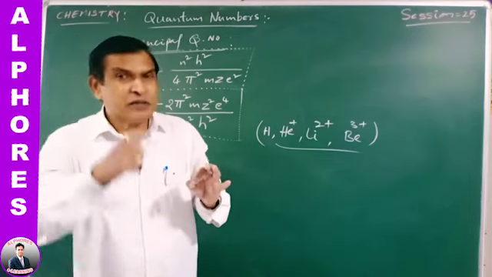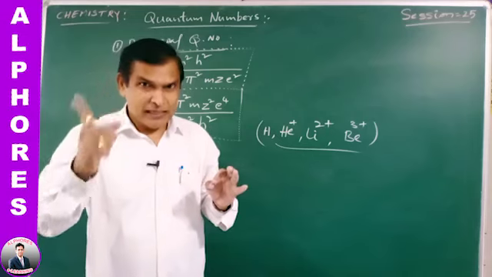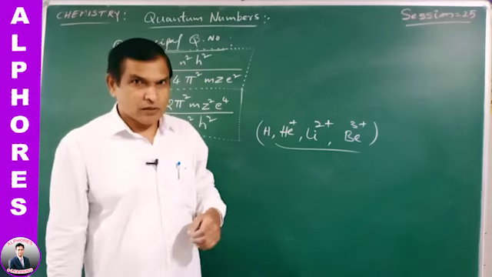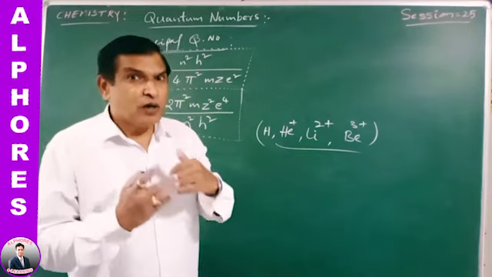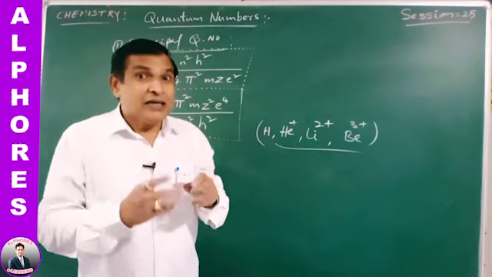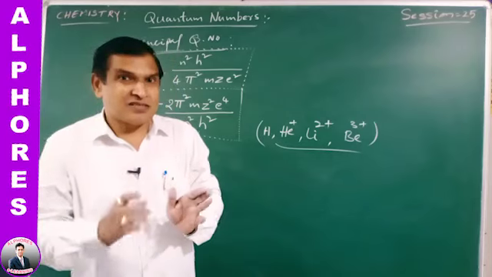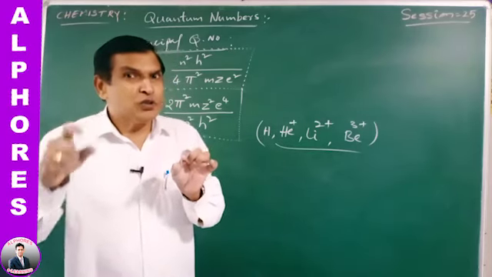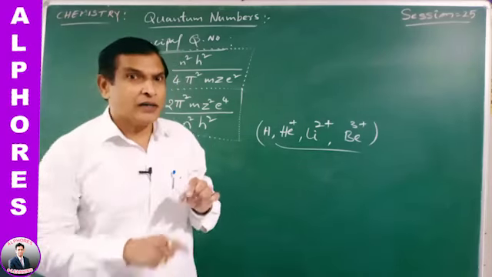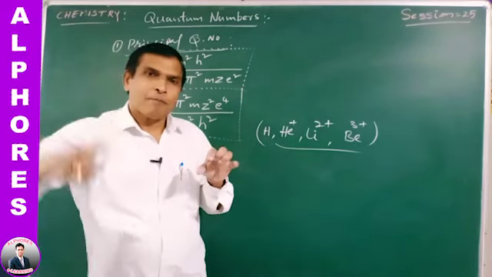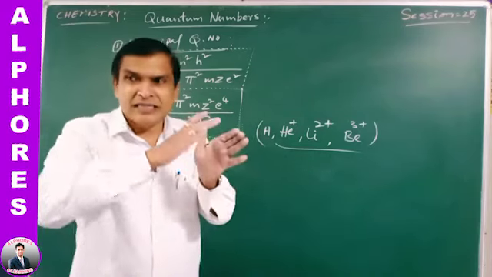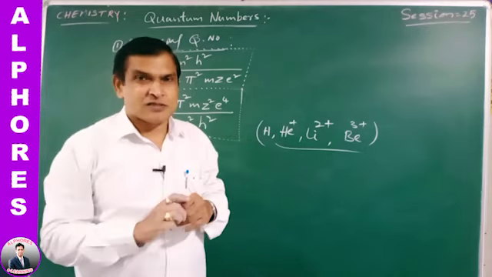It is denoted by the small letter n. The orbits are designated as n equals 1, 2, 3, 4, 5 and so on, or K, L, M, N, O, P and so on.